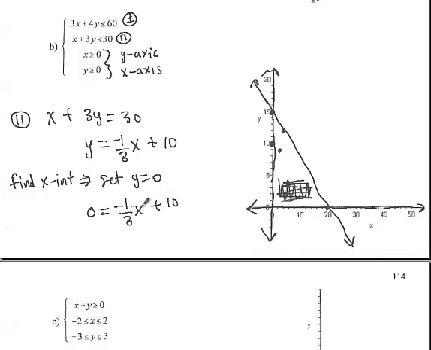We subtract 10 on both sides, so we get a negative 10 equals a negative 1 over 3x. Multiply both sides by 3 and then divide by a negative. We get x equals 30. So we've got our points spread out here, which makes it a lot easier to graph.